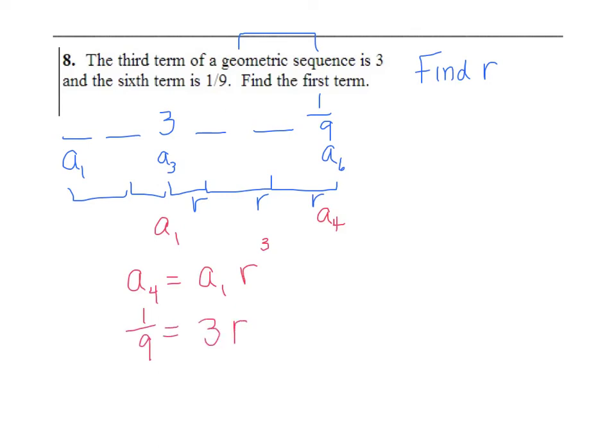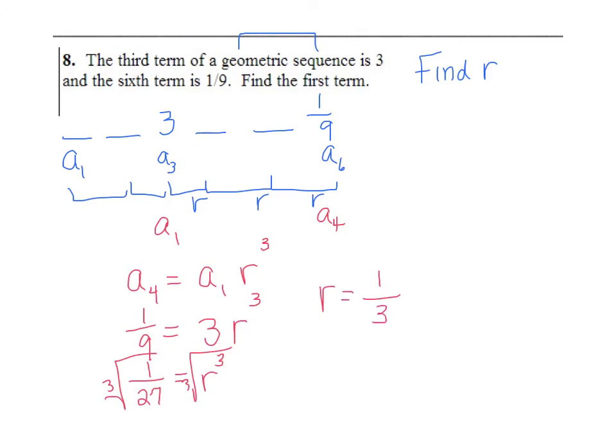I don't know what r is, but it's to the third power. So I'm going to divide both sides by 3, or multiply by 1/3. So 1 over 27 is equal to r to the third. And then I'm going to take the cube root of both sides. So r is going to equal 1 over the cube root of 27, which is 3.